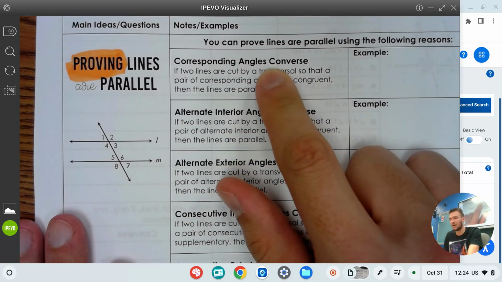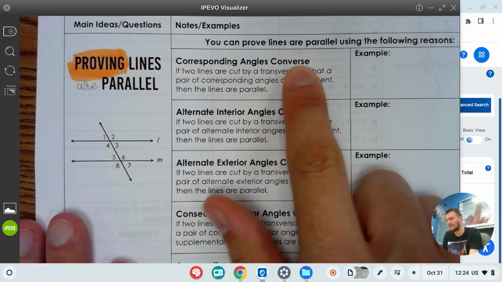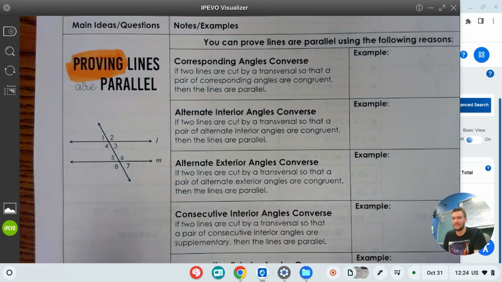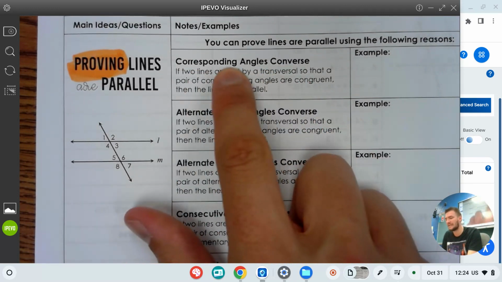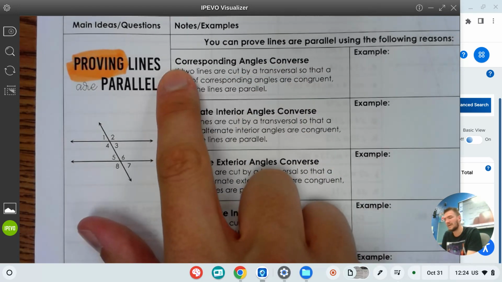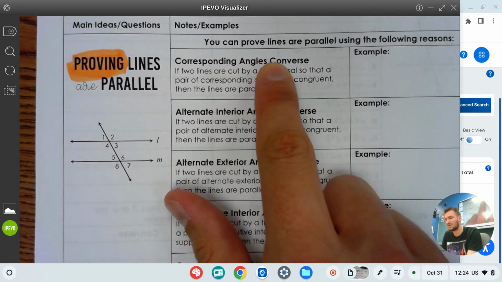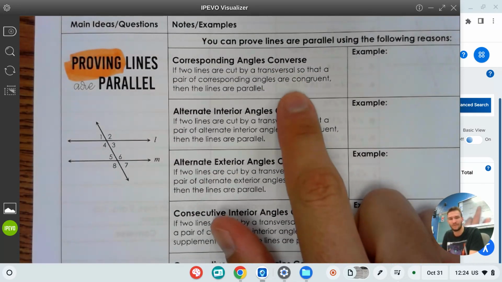It's a little tricky because you think, we just learned converse in the logic unit, and converse means to switch the order of the two things. Basically, this converse just means corresponding angles, so they are parallel. It's like your little stamp of approval, okay?